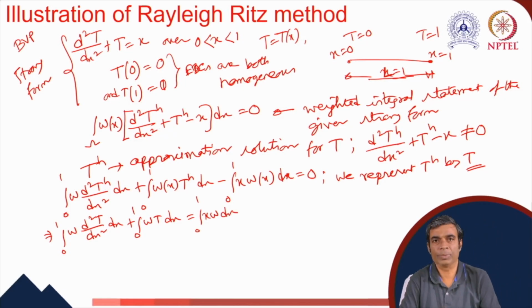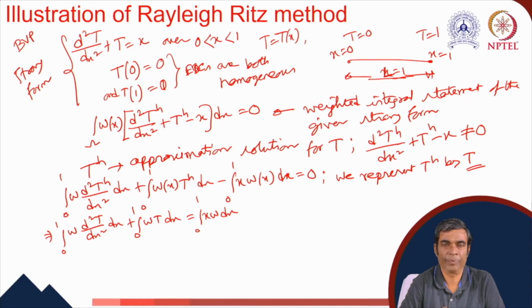So the terms that contain both w and T, we keep them on the left side because they will give us the bilinear form, and the terms that contain only w and no other unknown, we keep them on the right hand side. So w is also a known quantity.